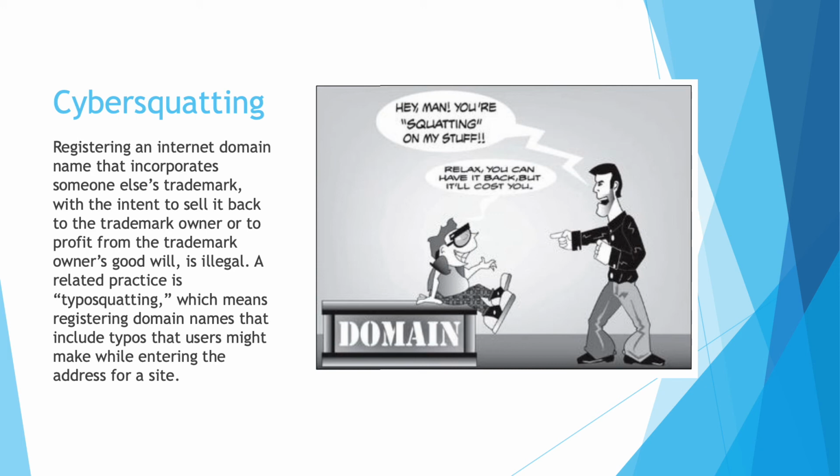So if there was a common way of, say, misspelling Coca-Cola, you might register a domain name spelled that way, or maybe you choose something like Coke, K-O, or COKE.com, I'm not sure if that's a thing or not, in order to get people to come to your website instead of the official site, or to get Coca-Cola to buy Coke.com from you so that if people did type that in, it could redirect to their official site.